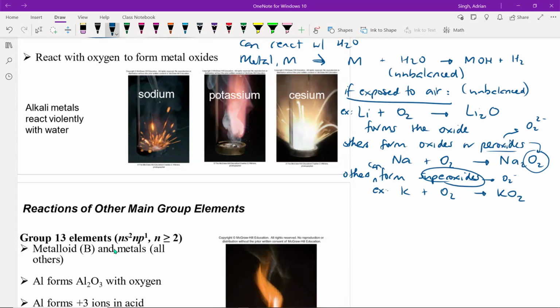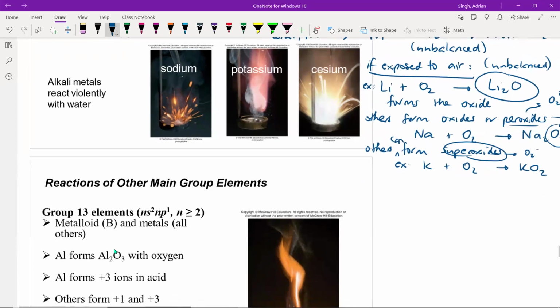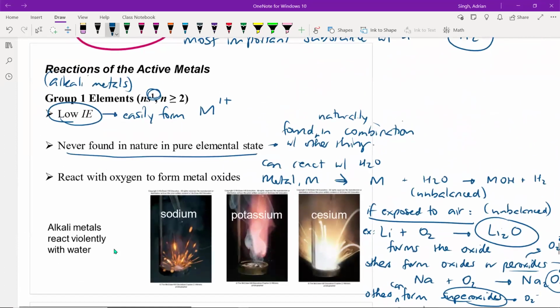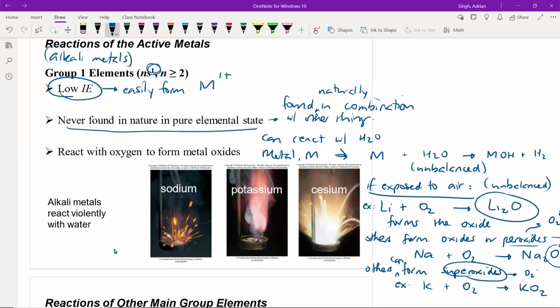Some are more stable than others, and those are the ones that would be preferred. So lithium, for example, tends to form predominantly the oxide, regular lithium oxide, because lithium oxide is way more stable than lithium peroxide, for instance, right? So it has to do with stability, which again is a driving force for lots of things in chemistry. So those are the general reactivity of the group 1 metals.